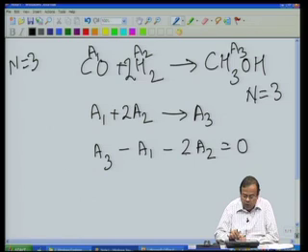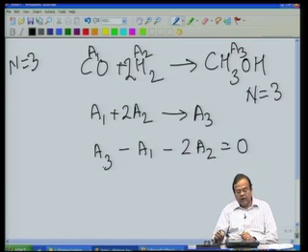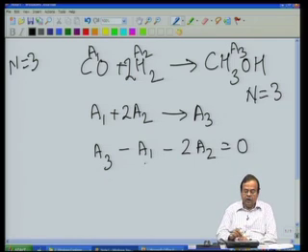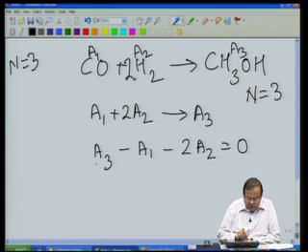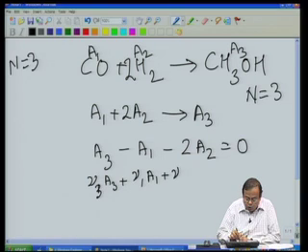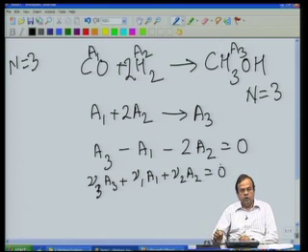I have just brought them to the other side and written this reaction as A3 minus A1 minus 2A2 equal to 0. When I write this reaction like this, I can now write it with stoichiometric coefficients as nu 1 A1 plus nu 2 A2 plus nu 3 A3 equal to 0 as yet another representation.